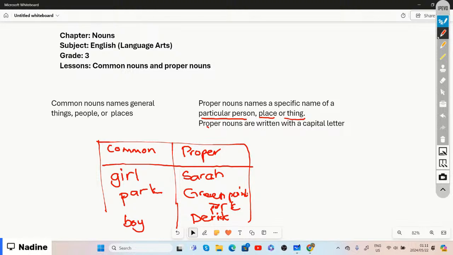All right. So we're basically just going to interact by us talking about common and proper nouns, right? So that is what we're going to do.